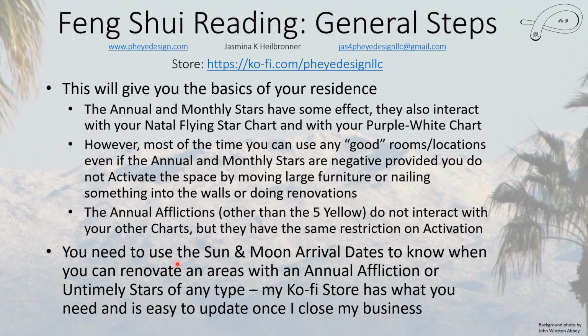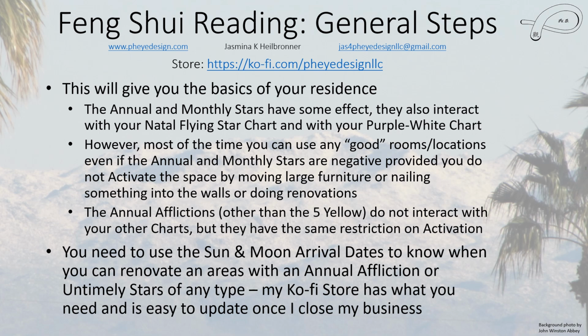But if you want to renovate a location that has an annual affliction, it can be done if you use the sun and moon arrival dates. And this will allow you to do this safely. My coffee store has something priced under $2 that you can use for this.